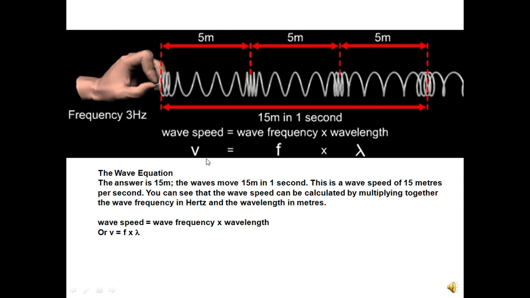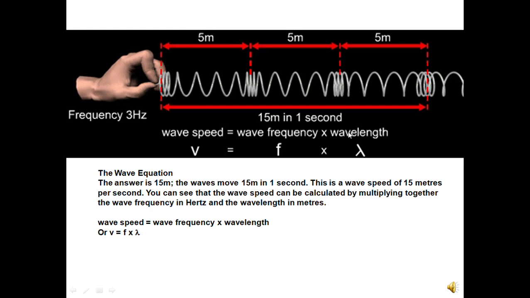So the wave equation, v equals f times lambda, the wave speed is the wave frequency times the wavelength. That kind of makes sense if you think about it, because the wavelength is a distance, frequency is per second, and wave speed is meters per second, so there you've got your meters per second. So it makes sense to multiply those two together.